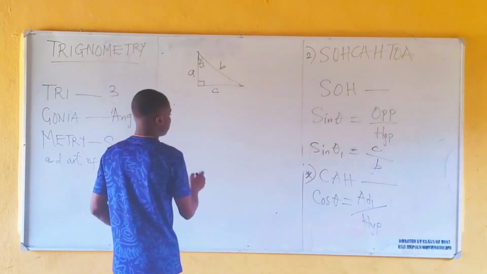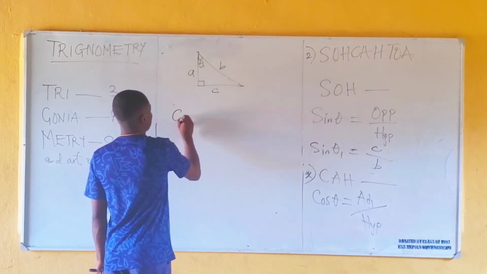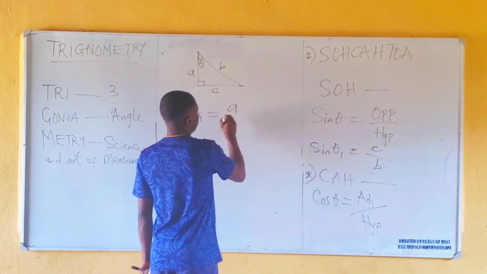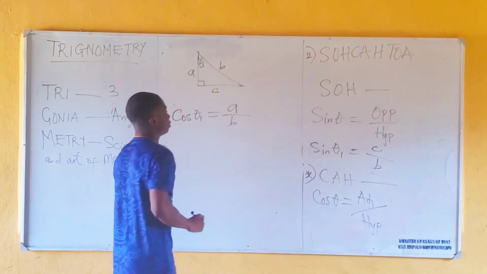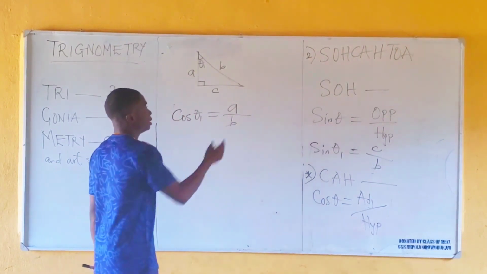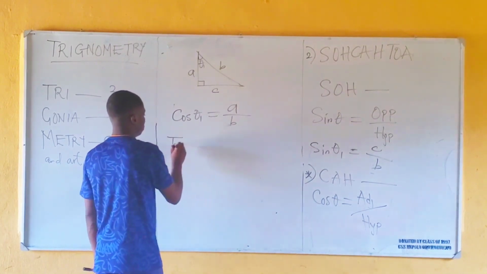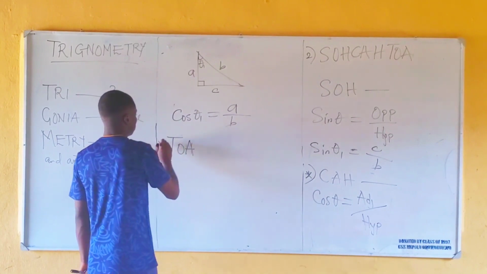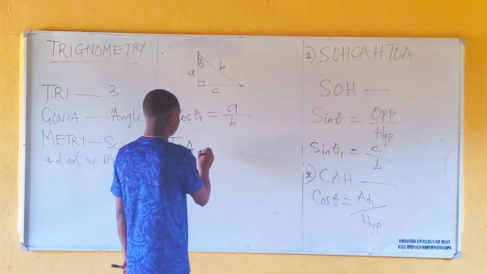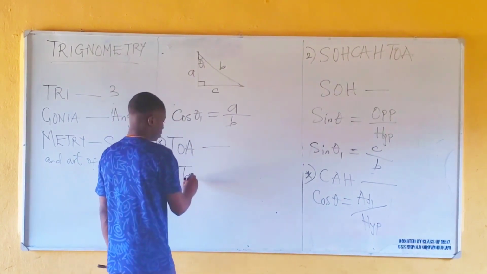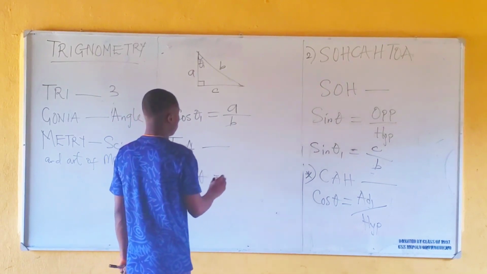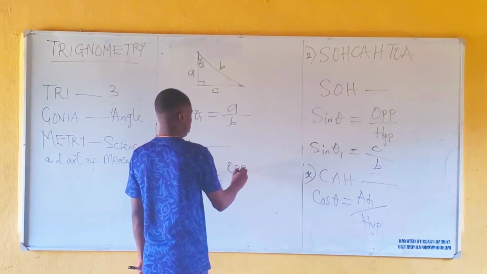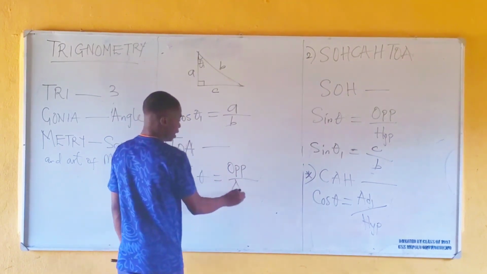So here we have cos theta 1 equals A all over B. And then TOA means tan theta equals opposite all over adjacent.